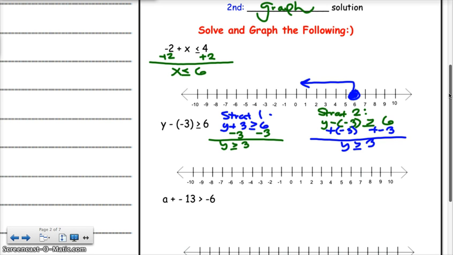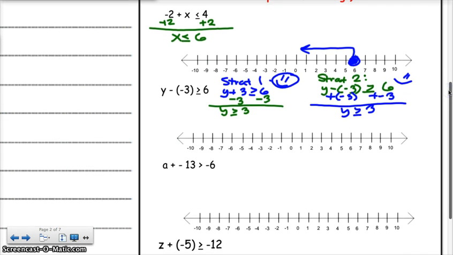You choose what's best for you. I like strategy 1. Lots of students like strategy 2. Okay? So, where am I going to make my circle? 3. Color in? Yes. Left or right? Right. Okay.